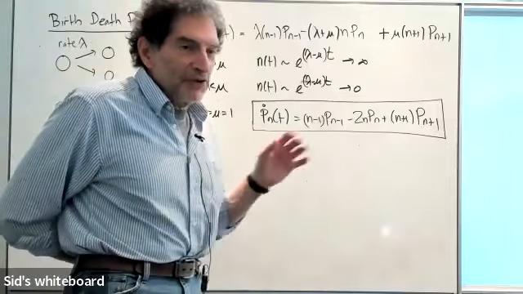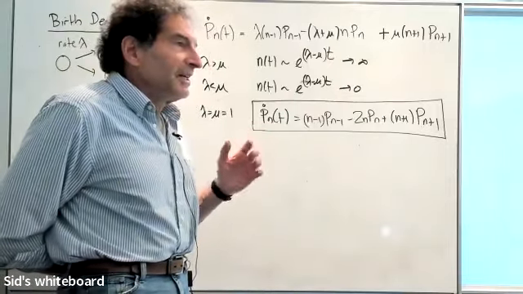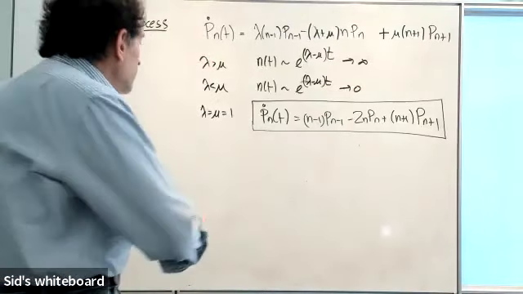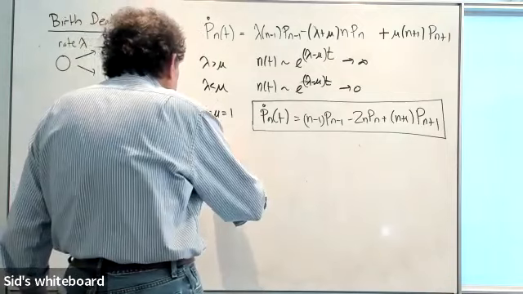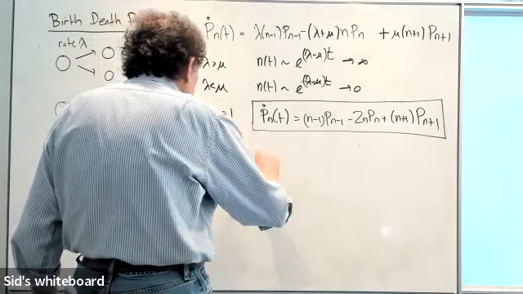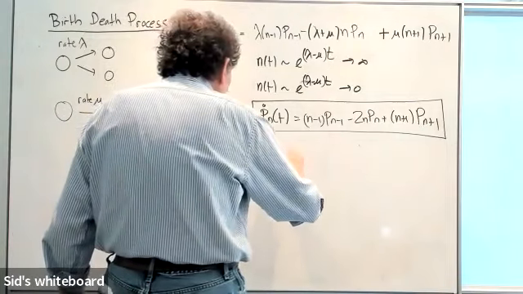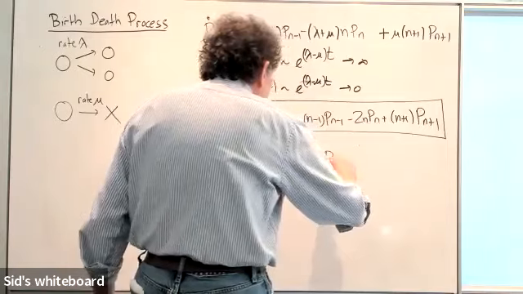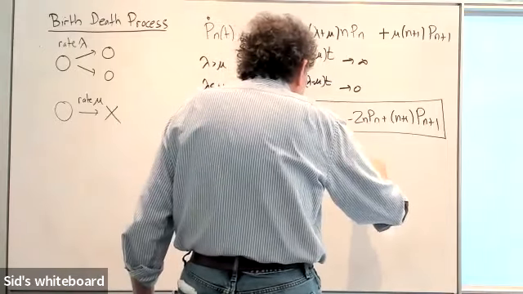I'm going to invite you to do it for yourselves, and hopefully it's not too much of an impediment to get to the end of this. But what we're going to do, again, is introduce the generating function P of z and t, which will be the summation of Pn of t, z to the power n.